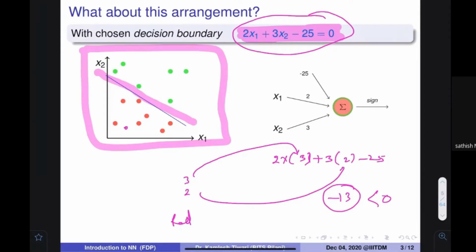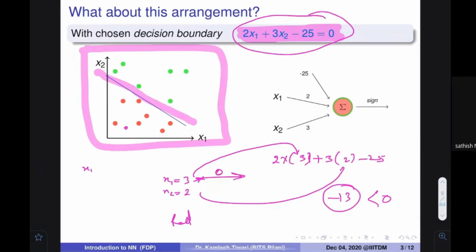So given the value x1 equal to 3 and x2 equal to 2, I put them into the equation. It looks like there is something multiplied by each value, so I can draw a line.